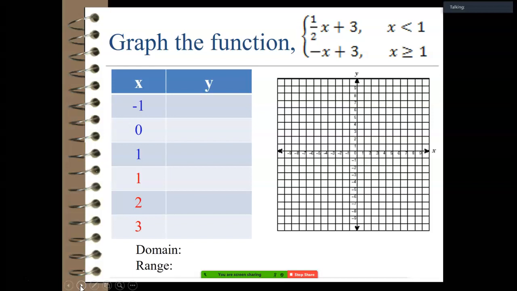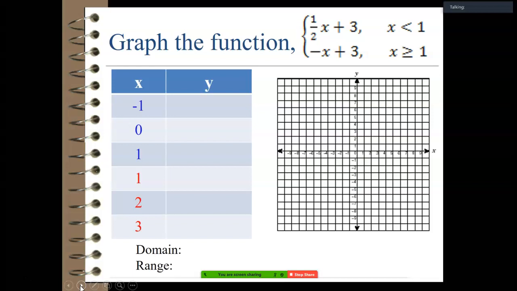What you will notice in my table is I split that into two colors. I have the blue and I have the red. And I also repeated the number 1. The number 1 is my breaking point. I need to evaluate the number 1 for both the top equation and the bottom equation.